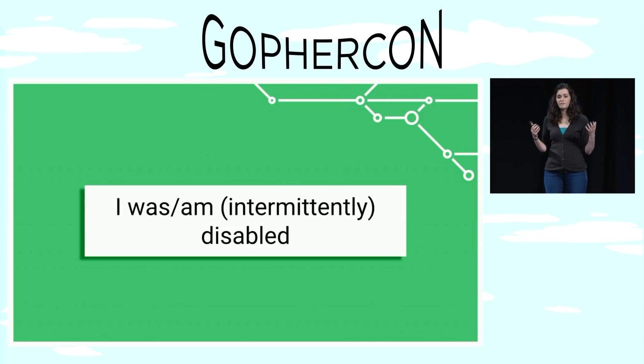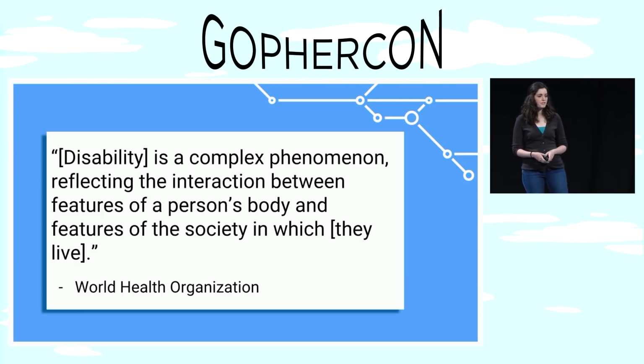And that's a word that a lot of us are kind of uncomfortable with, and we don't hear a lot because it's highly personal. So let's demystify it a little bit. What is a disability? I could give you a lot of definitions and terms to look up later, but the World Health Organization has a great overarching definition here.